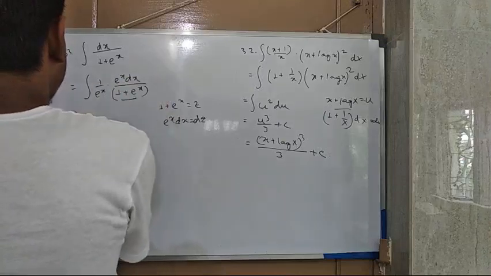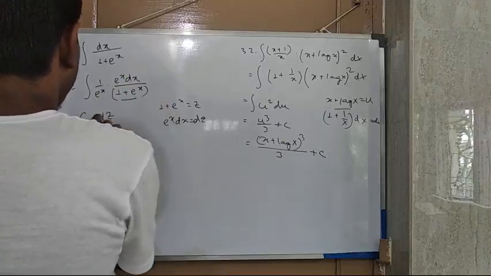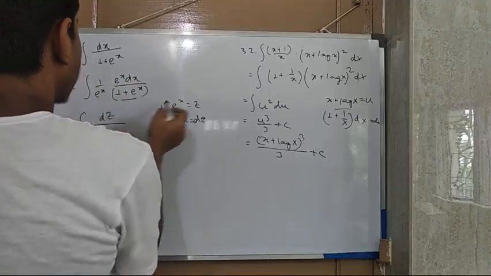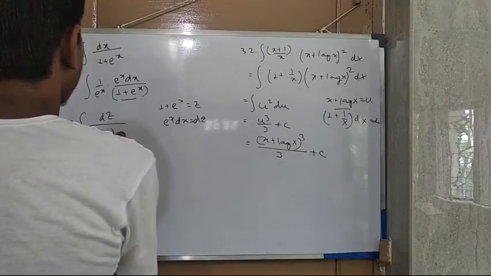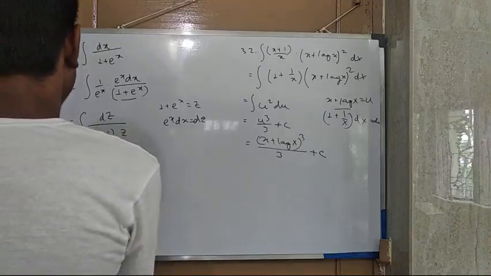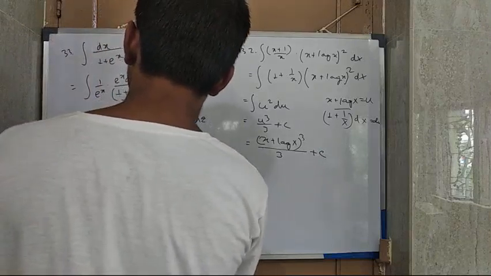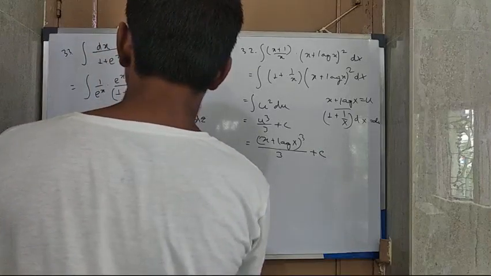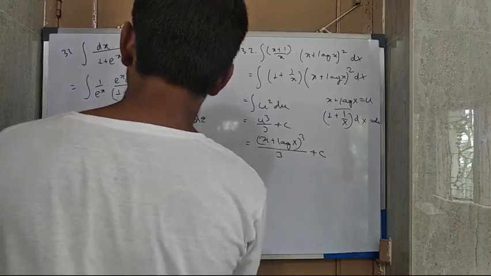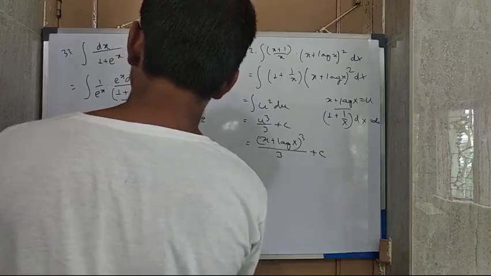So this becomes dz, and this e to the power x will become z minus 1. So you can just write it as dz by z times (z minus 1).